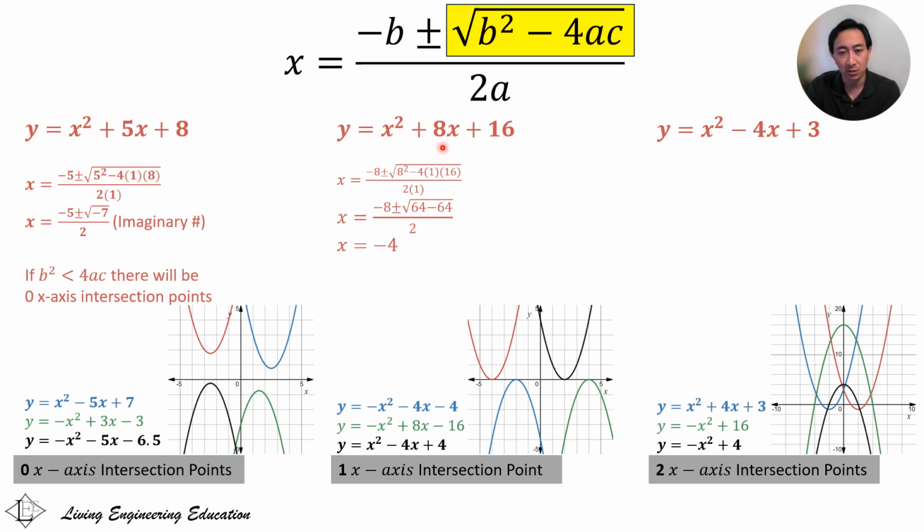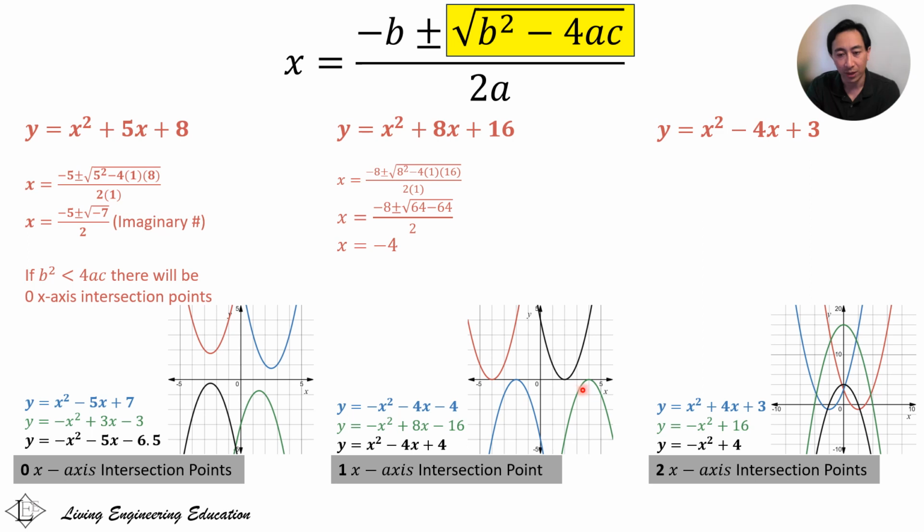Now, I think we've done this specific problem in the past, right, where we get the quantity x plus 4 times x plus 4, or x plus 4 squared, right? And what was that resulting? That's a minimum at x equals negative 4 and y equals 0, right? So in this case, we have a minimum or maximum along the x-axis.